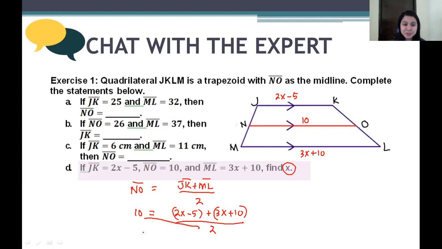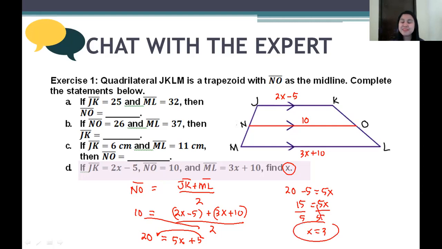That's 10 times 2 equals 20. So you have 5x plus 5. Transfer to the other side. So 20 minus 5 equals 5x. That's 15 equals 5x. Divide all by 5. x is equal to 3.